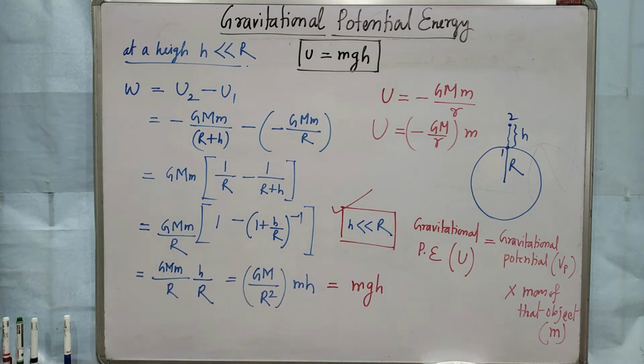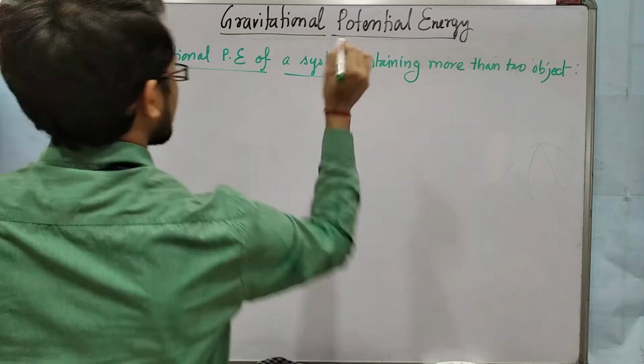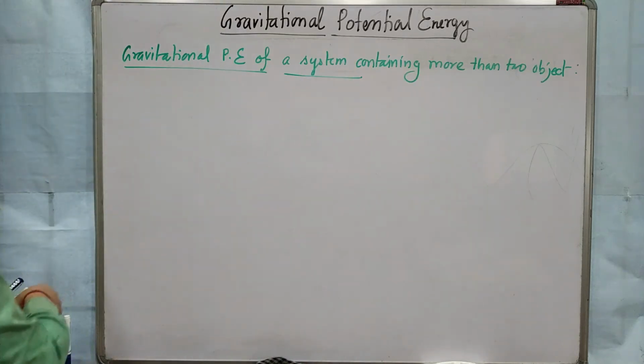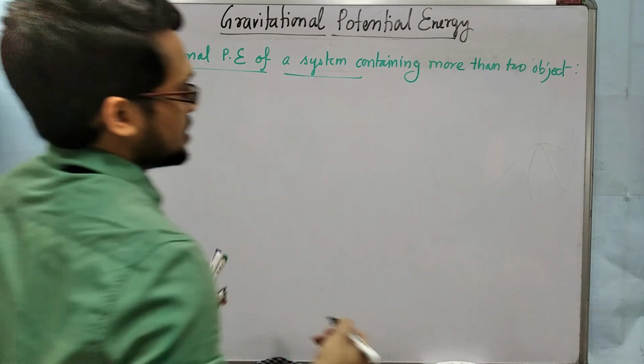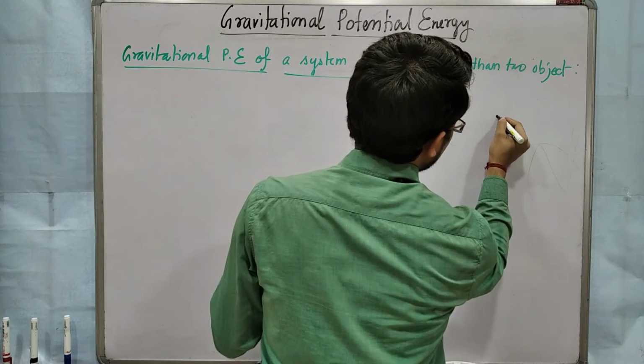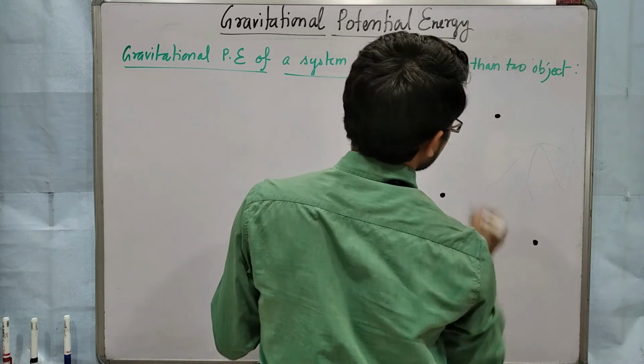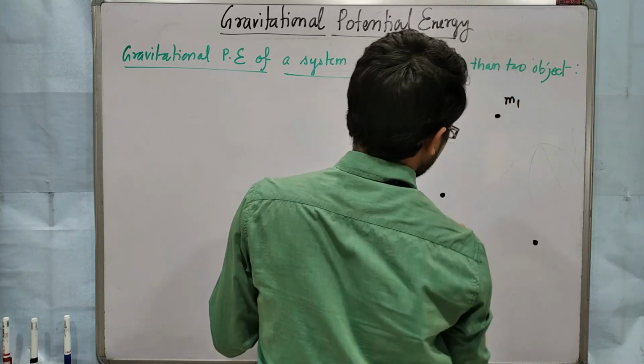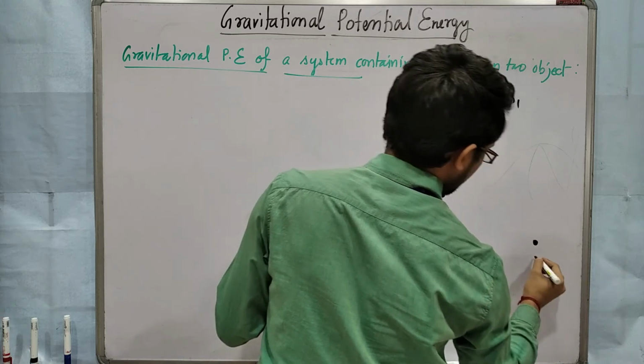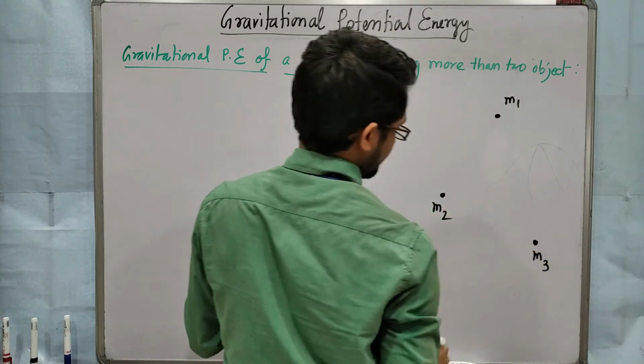Now let us come to more than two objects. Here I am taking, suppose, three objects like this. Their masses are m1, m2 and m3.